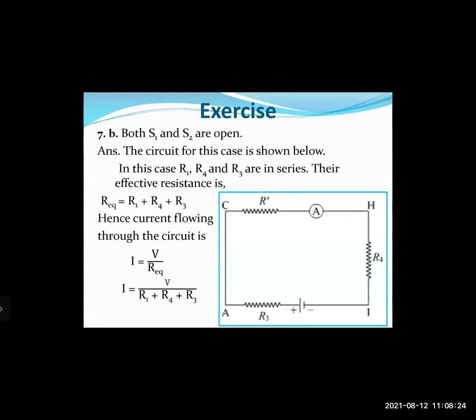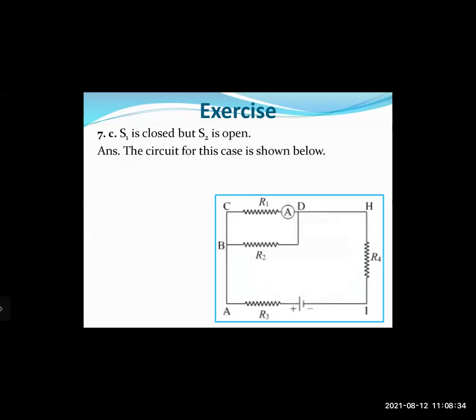Now look at the next case. S1 is closed, but S2 is open. In this case, when S1 is closed, the current will flow through resistor R2 also, because it is closed. And switch S2 is open, so in that case, the current will now flow through resistor R4.